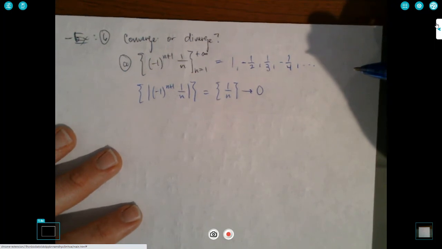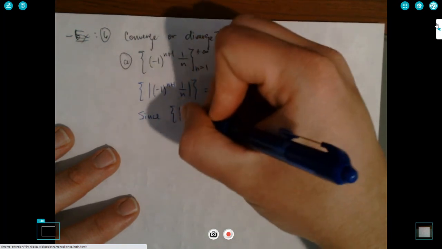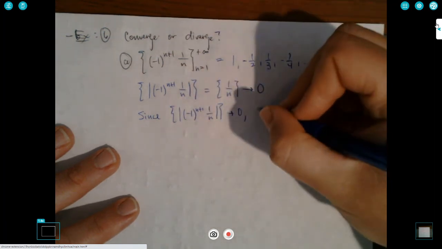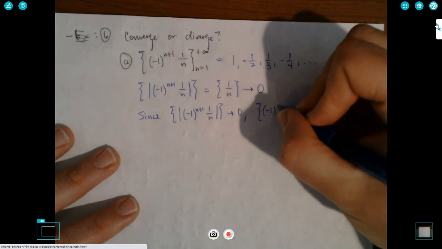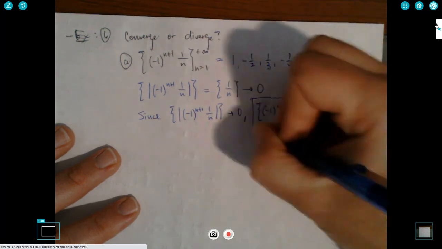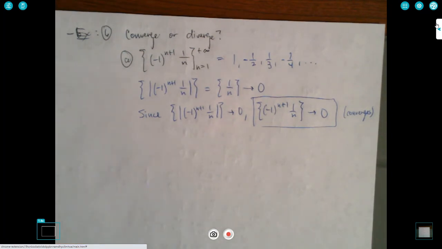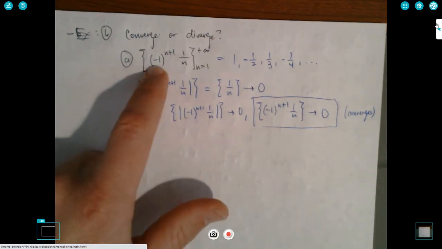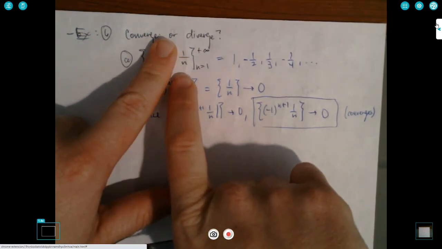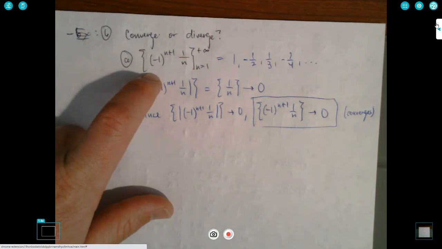So since the absolute value goes to 0, the original sequence without absolute values also goes to 0. So it converges to 0. So this little alternating thing is not a big deal. You can, for all intents and purposes, just ignore it and look at this thing. If it goes to 0, then this thing converges.